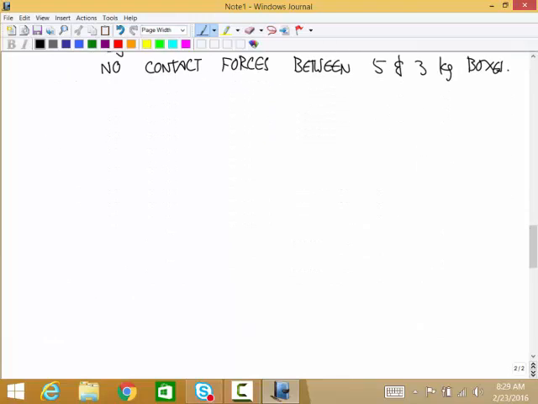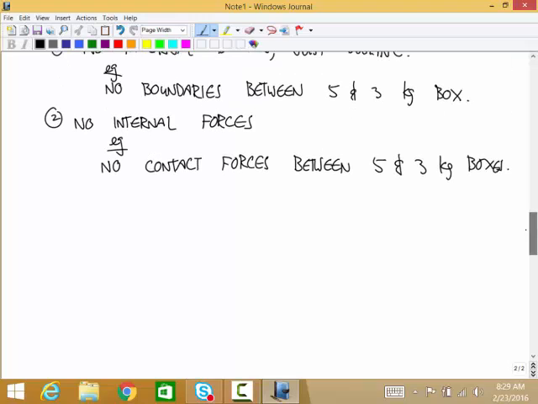And then the last thing is don't draw any external objects.